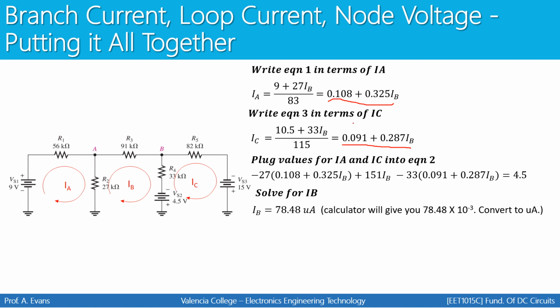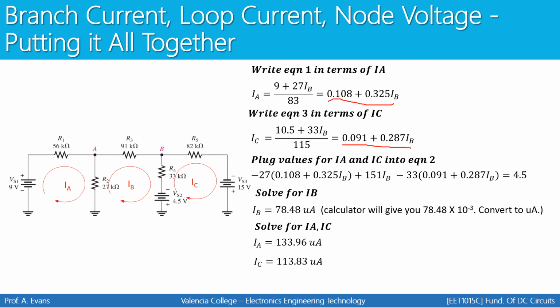That's what you're going to plug in right here to find IC. You're going to plug it in right here to find IA. Both of those values will also come out with an exponent of times 10 to the negative 3. Both of those values are already milliamps by default. You'll apply the exponent of 10 to the negative 3, and you'll get micro as well. So there's our final answer for IA, IB, and IC.